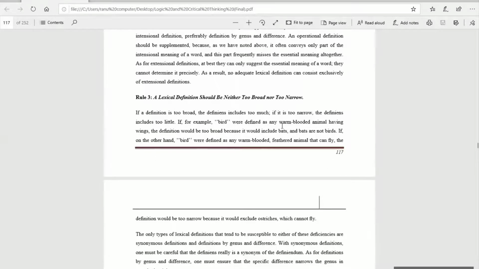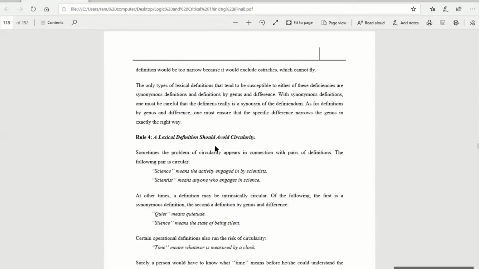So in defining a bird, we should not only say that it is an animal that can fly. There are birds which cannot fly, that's the ostrich. So in writing lexical definitions, we should be neither too broad nor too narrow. Use the middle ground.